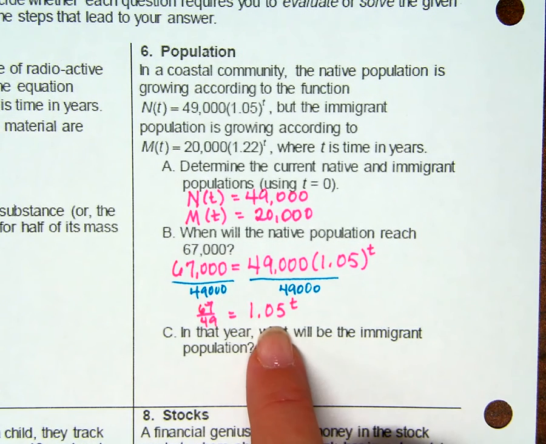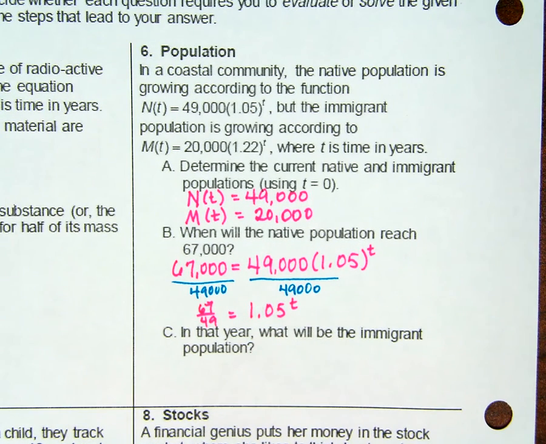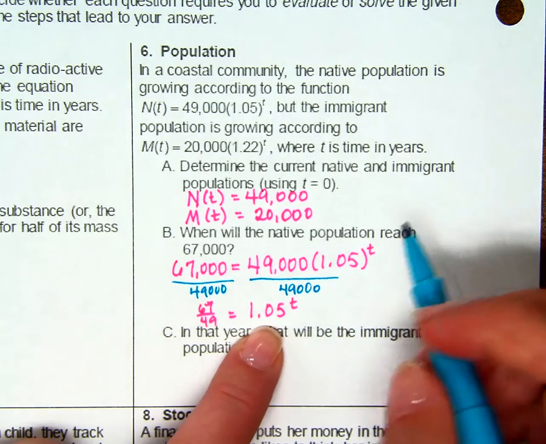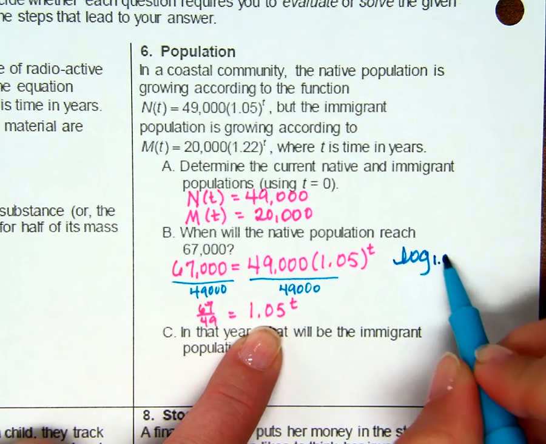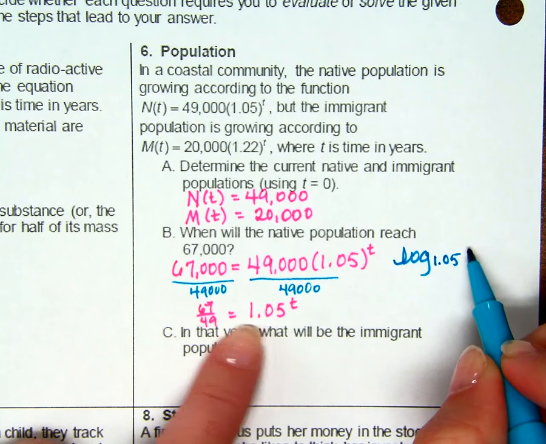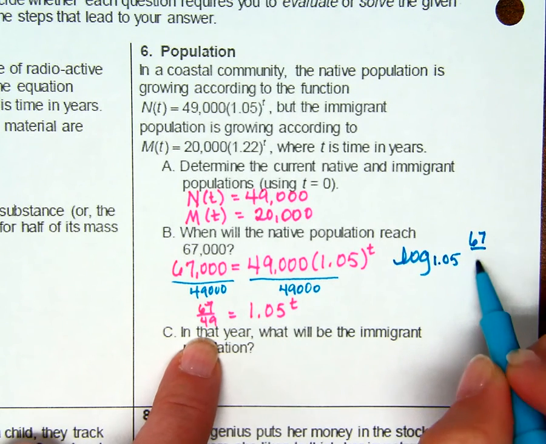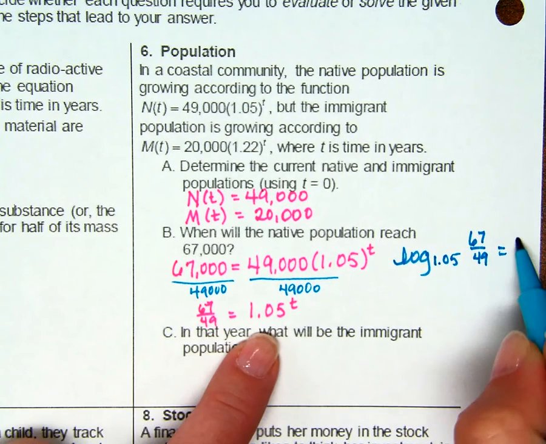Now that the base is isolated, how do I want to try to solve this equation? I want to change it to logarithmic form, don't I? Okay, so I have log base 1.05 of 67 over 49 equals t.